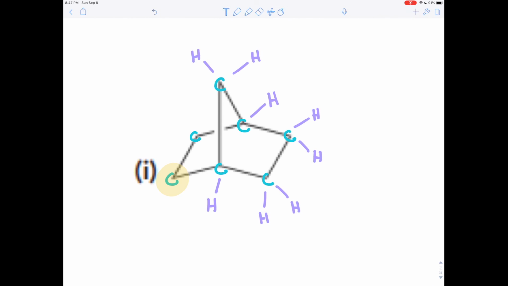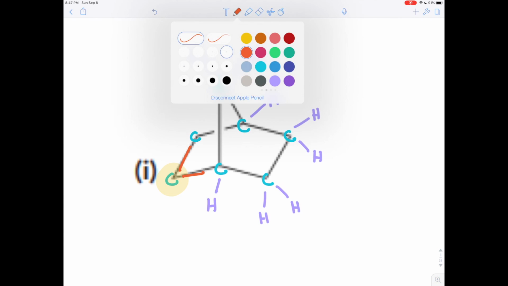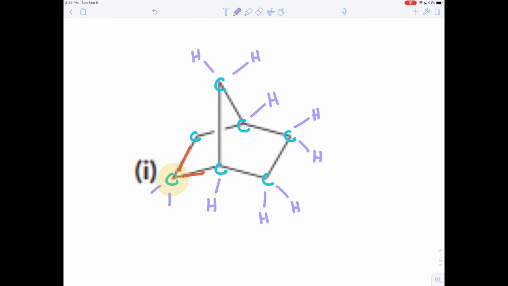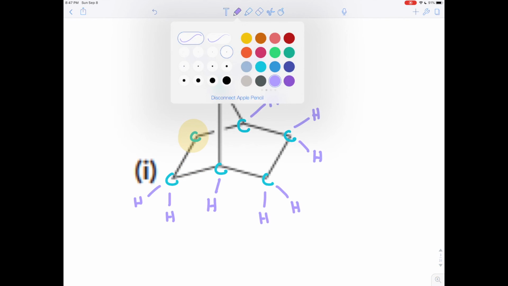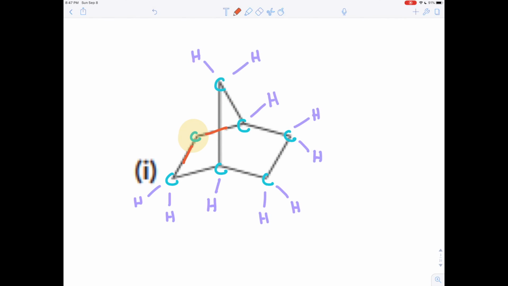This carbon has 1, 2 bonds drawn explicitly. That means it must have 2 implicit bonds to hydrogens to have a total of 4 bonds. And last but not least, this carbon here has 1, 2 bonds drawn explicitly, and so it must have 3, 4, 2 more implied bonds to hydrogens to have a total of 4 bonds.